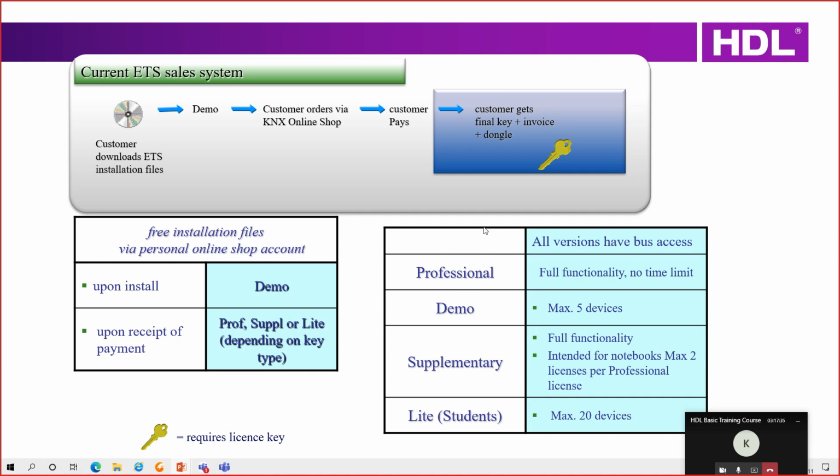It has 4 different versions: professional, demo, supplementary, light. And for the demo and light, only 5 devices are enabled. So in the professional version, full functionality, and there is no time limit. You can choose which one you want to buy or use.